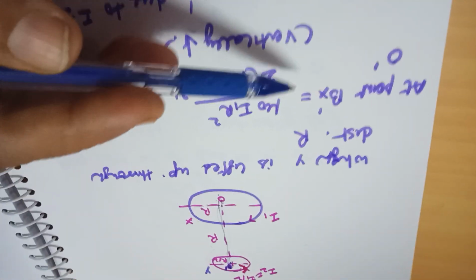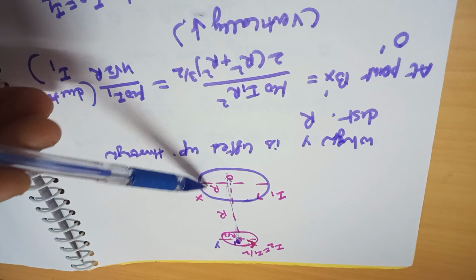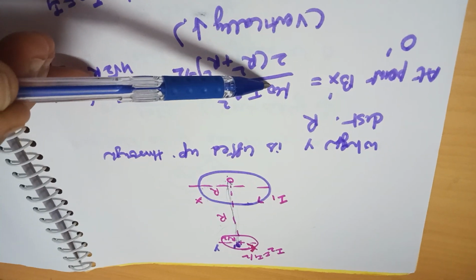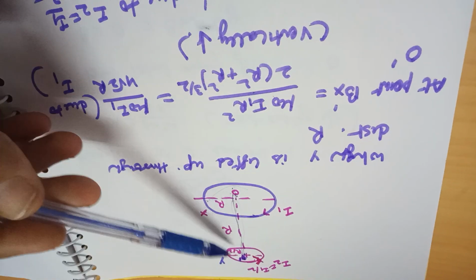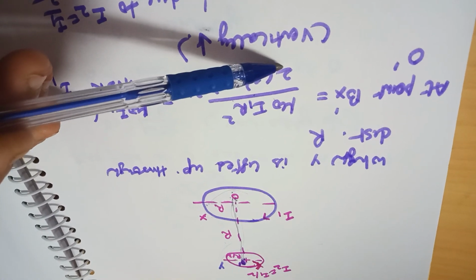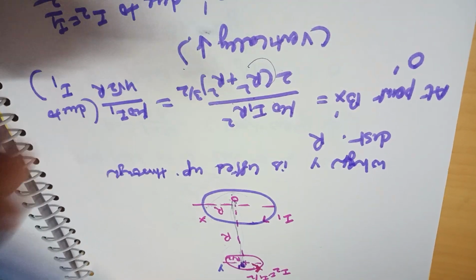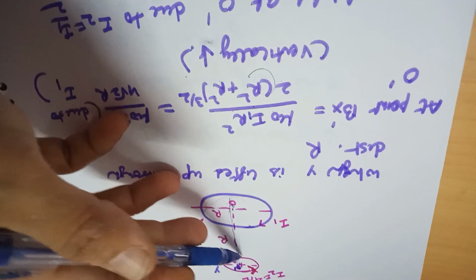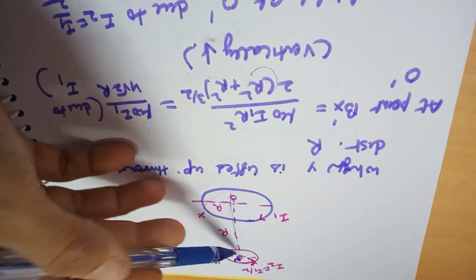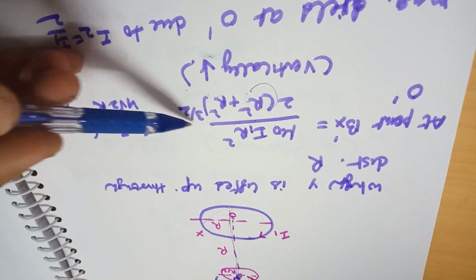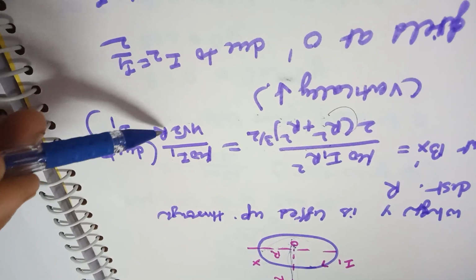Bx dash is the value of the magnetic field at this point due to the current flowing in X. That is mu naught, the current is I1, the distance is r, so r square, divided by 2 times the bracket a square plus x square to the power 3 by 2, where a is the radius and x is the distance between the point and the coil. Here the radius is r and the distance between the point and the coil is r. So r square plus r square to the power 3 by 2. After solving you will get mu naught I1 upon 4 root 2 r.